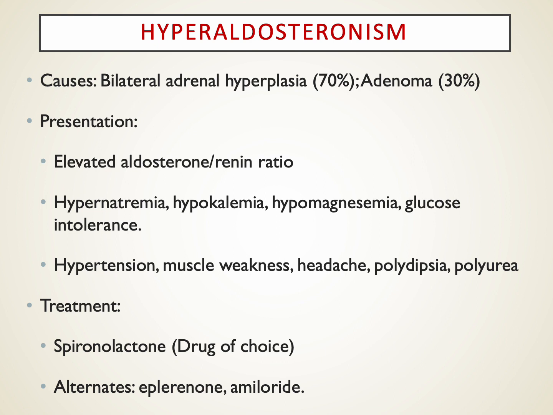In hyperaldosteronism, this can be either related to bilateral adrenal hyperplasia, or it could be related to an adenoma, and an elevated aldosterone-renin ratio is typically seen. You might see hypernatremia, hypokalemia, hypomagnesemia, and glucose intolerance.